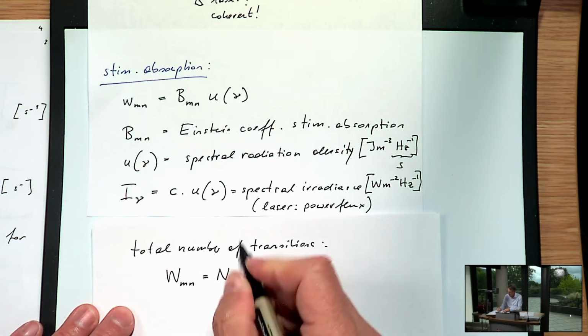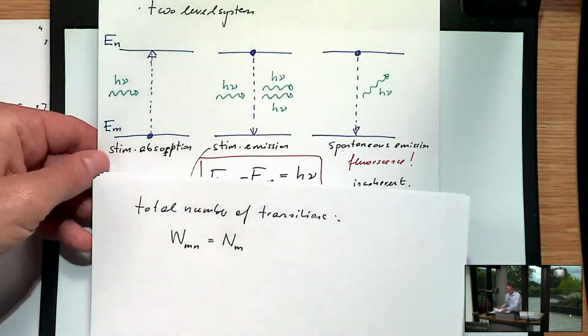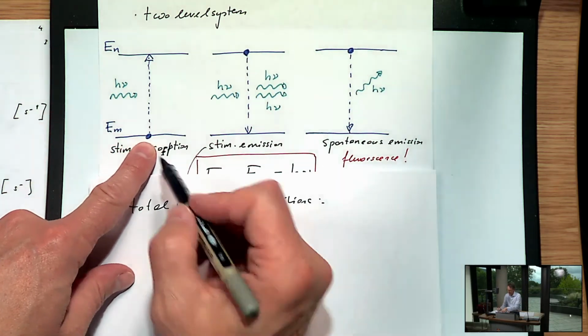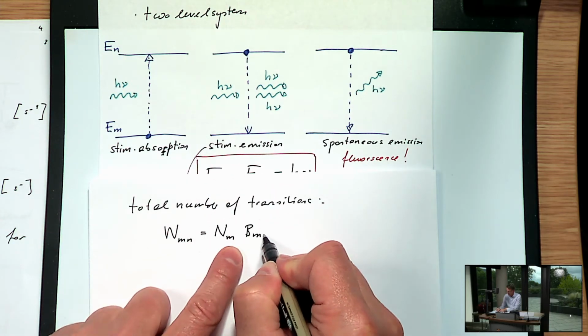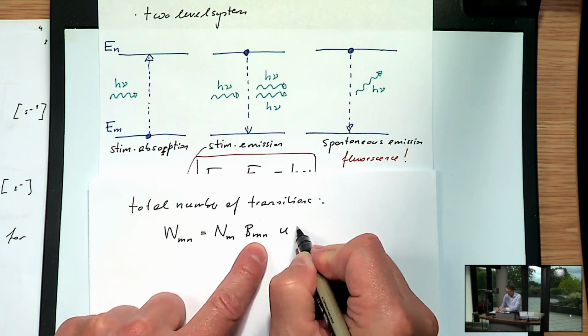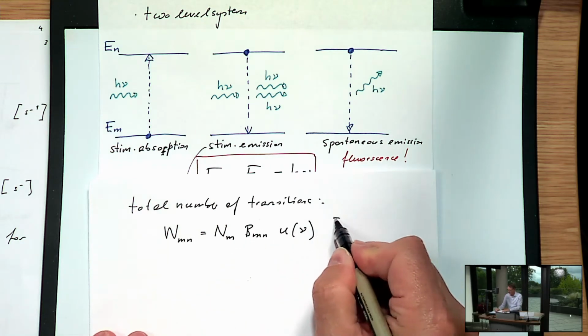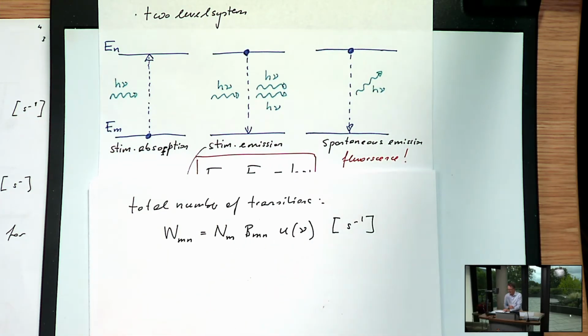It is the number of molecules residing in energy state Em, times the Einstein coefficient for absorption, times the spectral radiation density, and that's the number of transitions per second.